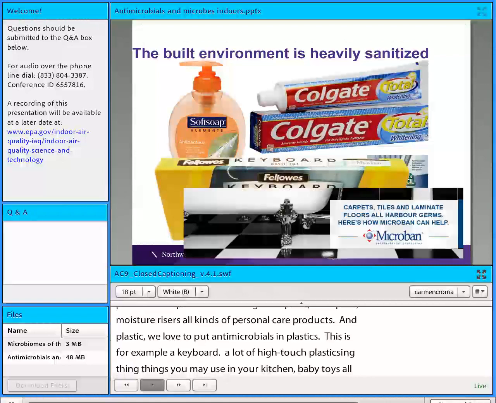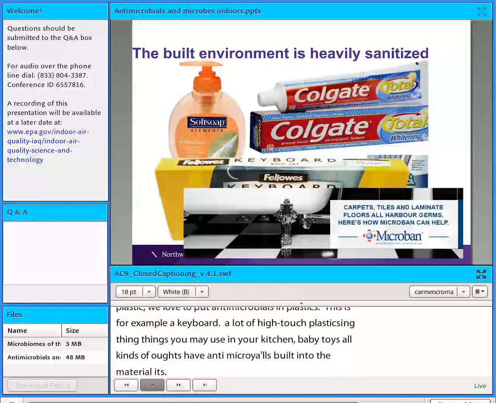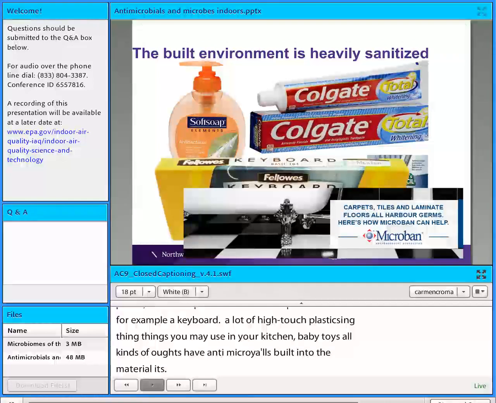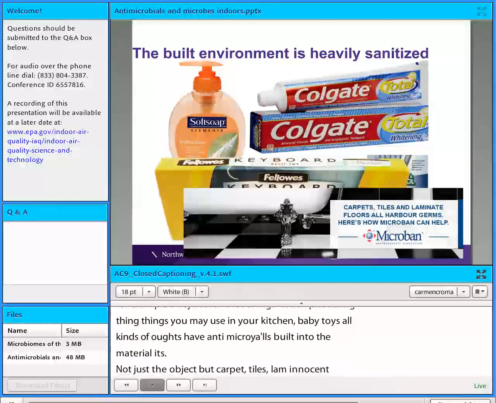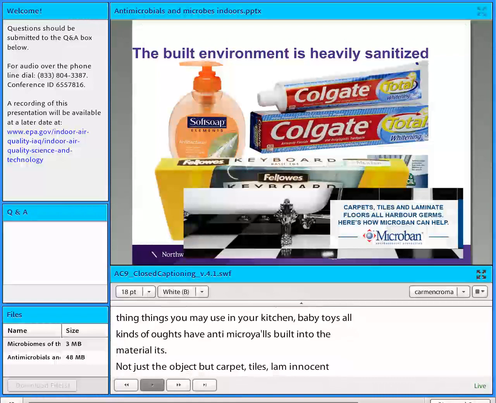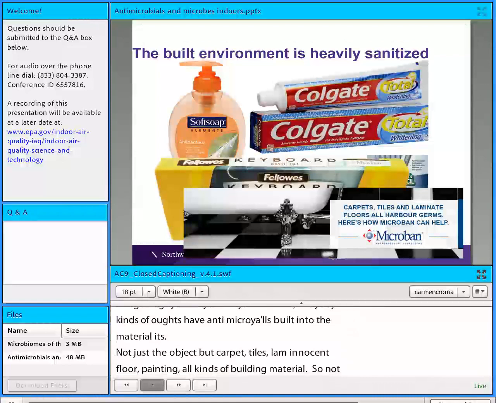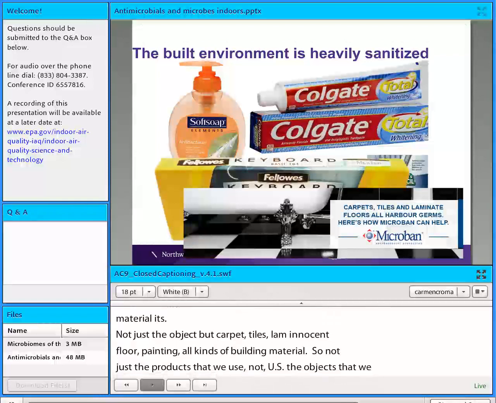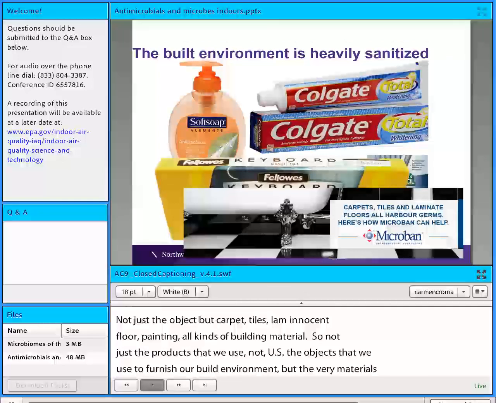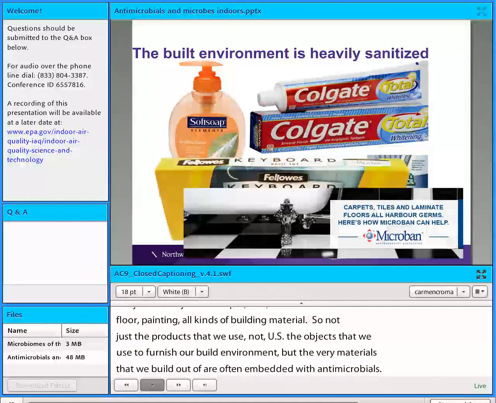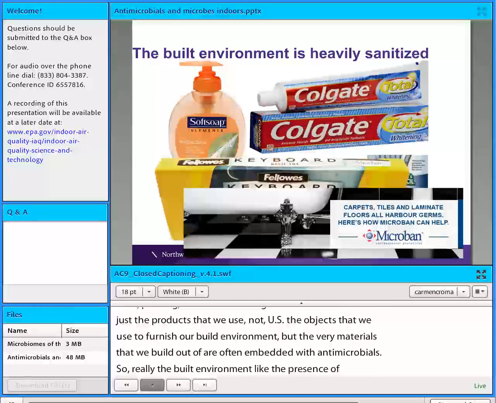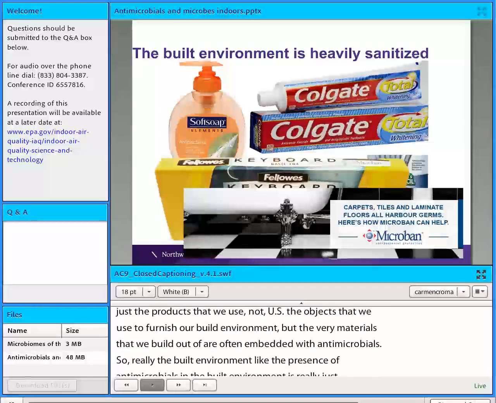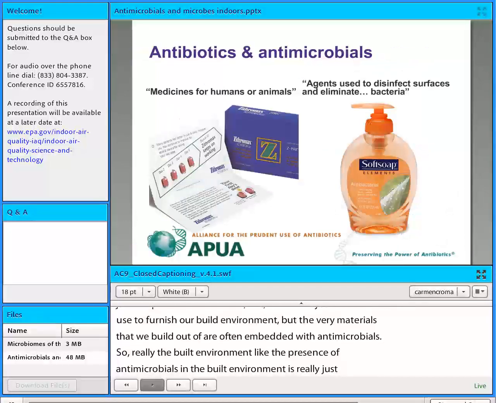And then not just the objects, but carpets, tiles, laminate floors, paints, all kinds of building materials. So not just the products that we use, not just the objects that we use to furnish our built environments, but the very materials that we build out of are often embedded with antimicrobials. So really the presence of antimicrobials in the built environment is really just pervasive, way beyond just your antibacterial hand soaps.